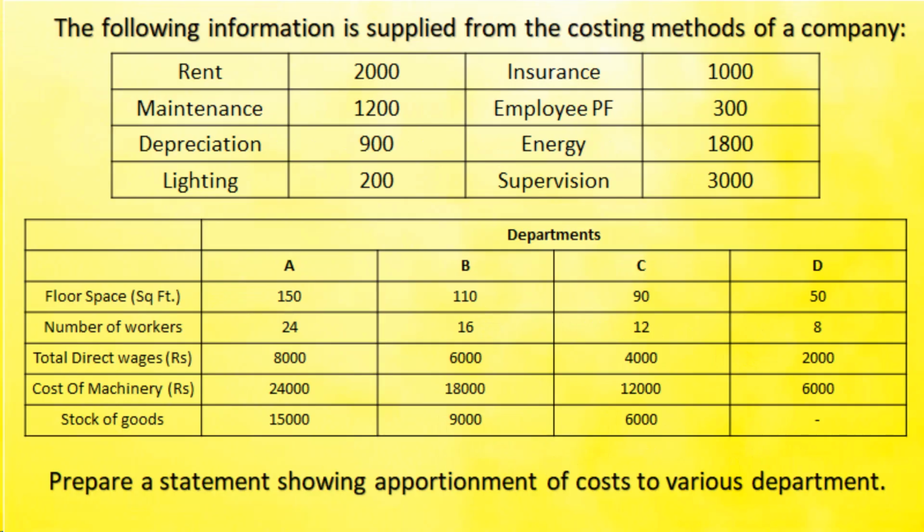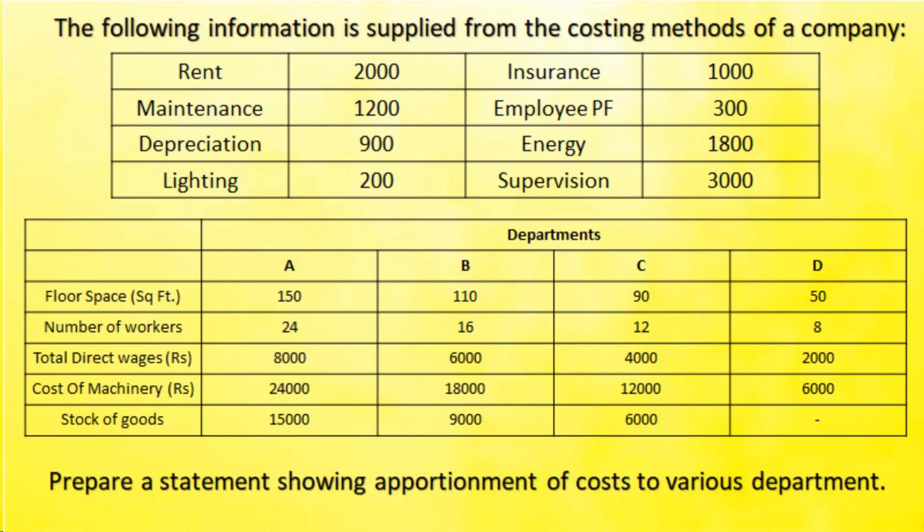The following information is supplied from the costing records of a company. Rent is 2000, maintenance is 1200, depreciation is 900, lighting is 200, insurance is 1000, employer's contribution to provident fund is 300, energy is 1800, supervision is 3000. Then they have given the floor space of each department and the number of workers working in each department.